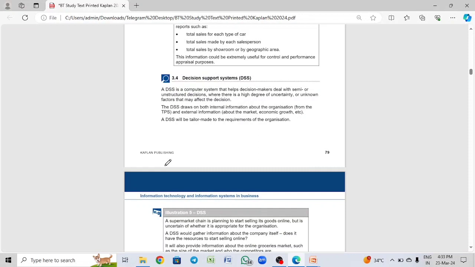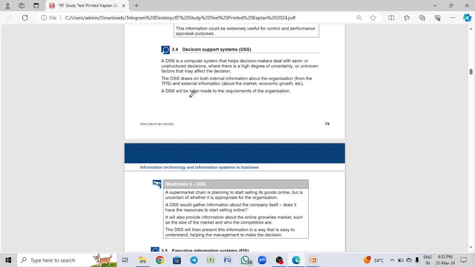Okay, with analyzing the degree of risk, the degree of information that they have. Okay, they are tailor made to the requirements of the organization. Okay, the DSS draws information about the organization and the external information for the strategic managers.